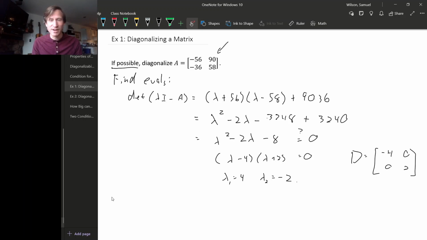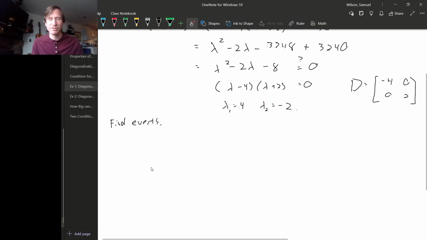Okay, now we need to find the eigenvectors, or the eigenspaces, for each one of these eigenvalues. So for lambda 1, which is 4, we need to find A minus 4I, or 4I minus A, either order.